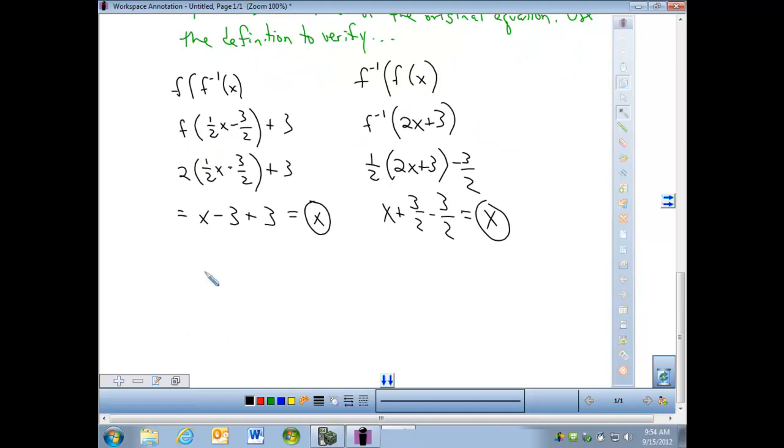So this is a test or verification, if you will, that 2x plus 3 and 1/2 x minus 3/2 really are inverses of each other.